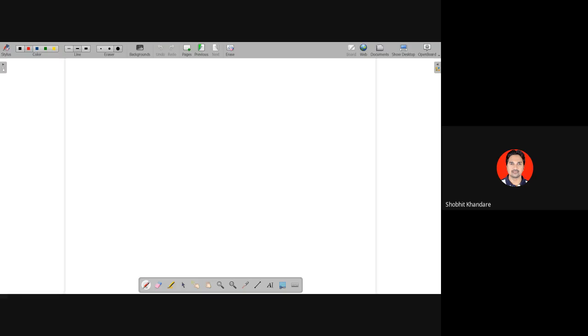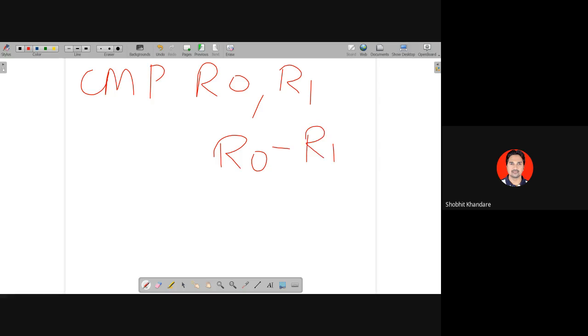For example, अगर मैं लिख रहा हूँ CMP R0, R1, this instruction will perform simple R0 minus R1. But what is going to happen? This will update flags according to the result. I hope you have understood. Okay. So this is the ARM instruction.